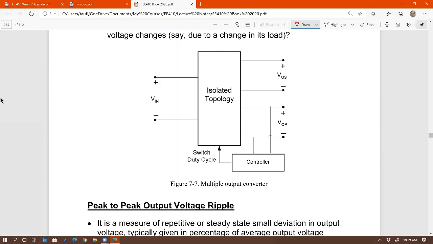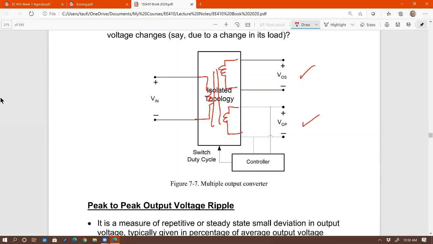Let's say that you have this isolated topology. That means you have a transformer here, secondary winding right there, and the primary winding right here, all magnetically coupled, right? And from one source, you can actually provide two outputs, the first one and the second one, right?